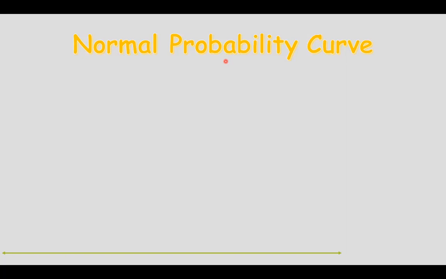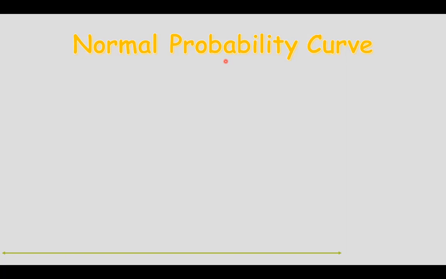This normal probability distribution is very frequently used. It's useful because many variables in our real life are close to the normal distribution. A normal random variable is completely defined by two parameters, and you already know what those two parameters are.